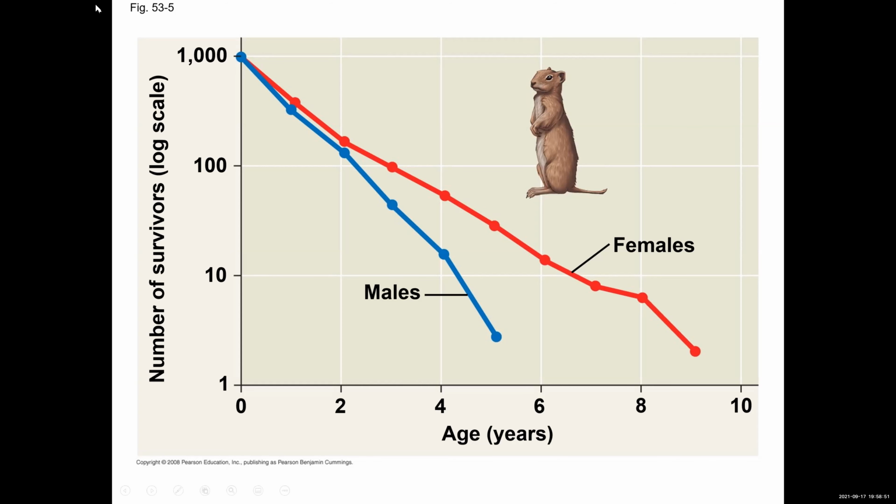And the way we get a graph that looks like this is we collect or capture or release into the wild or count in some way, mark individuals. And we started out with 1,000 individuals that were marked in some way in this study. And then we try and recapture those same individuals over and over again every year until they're all dead.